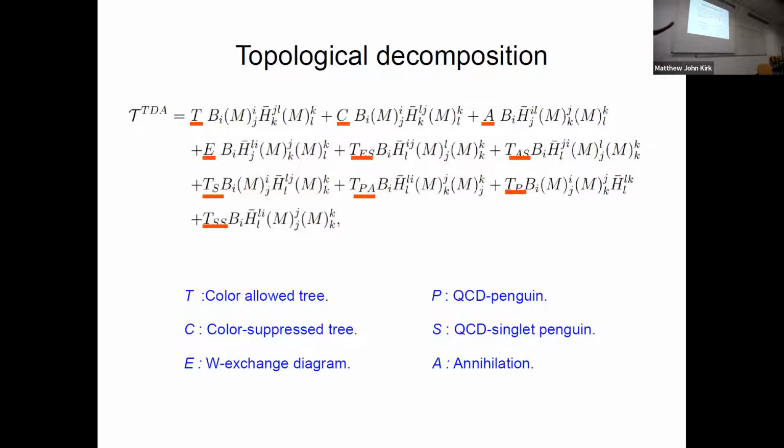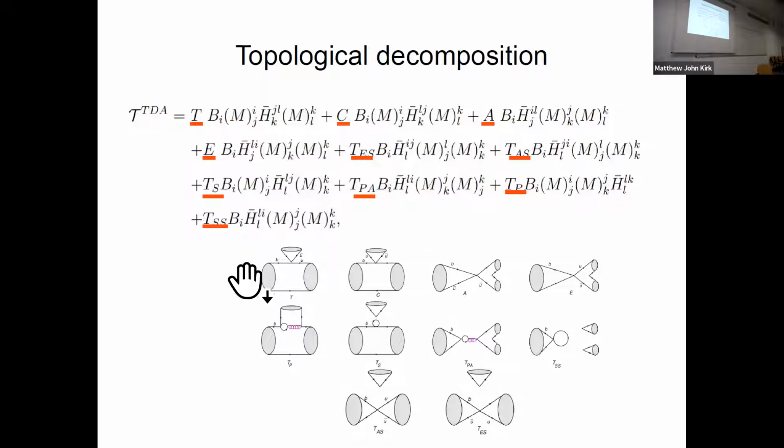Okay, and now that you have this expression, the interesting thing is that you can actually represent these things pictorially. So take for instance this term over here. This is related with this color allowed tree topology. It will correspond to this one. So the idea is that you take, for instance, the index I here.